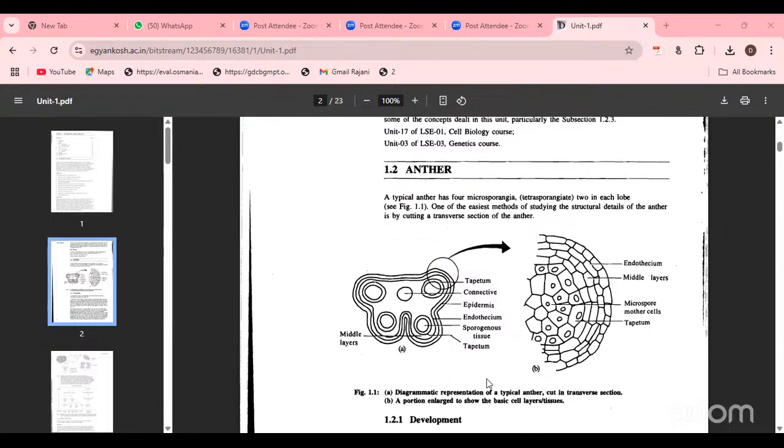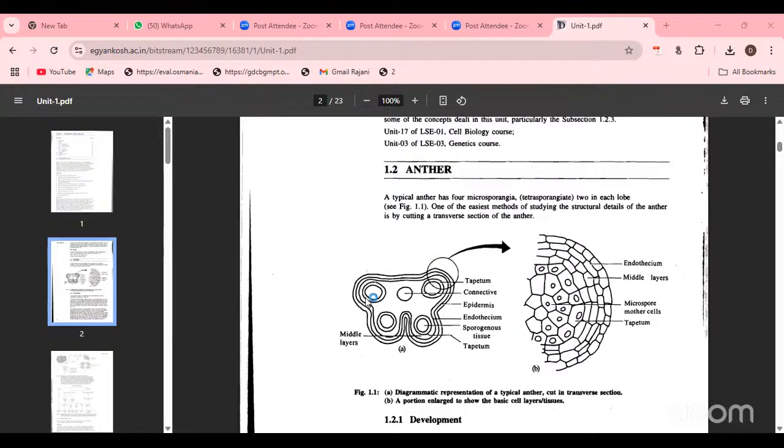This is the transverse section of the anther. You can observe that four layers of the structure are present. The first layer is the epidermis layer. The second layer is the endothecium. The third layer is the middle layer, and the fourth one is called the tapetum layer.